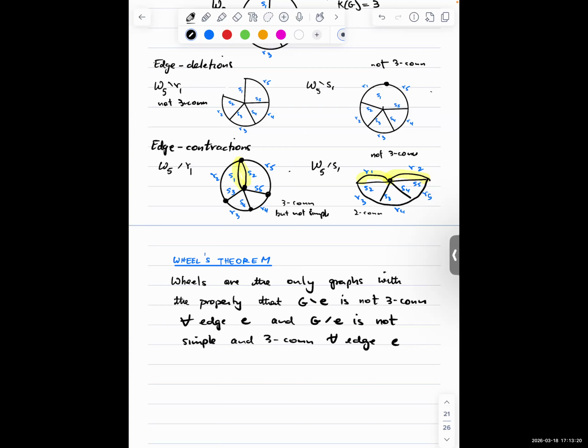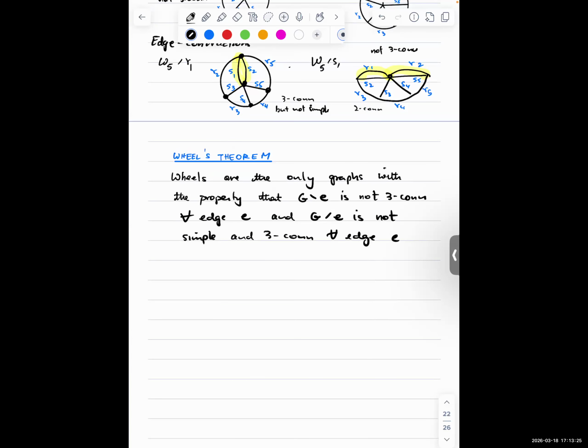So let's see. I'm calling this the basic one, the one whose proof we would see. And then I'm calling this the top-down version. So we'll do Wheels theorem. Oh, and I also forgot something else: 3-connected and simple, with the property that G delete E is not 3-connected for any edge.